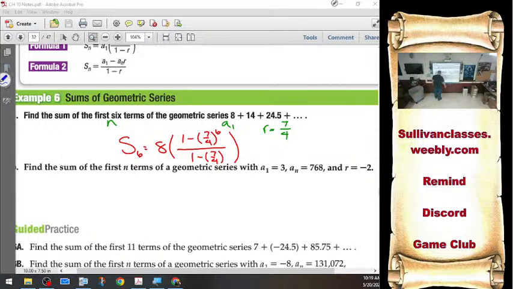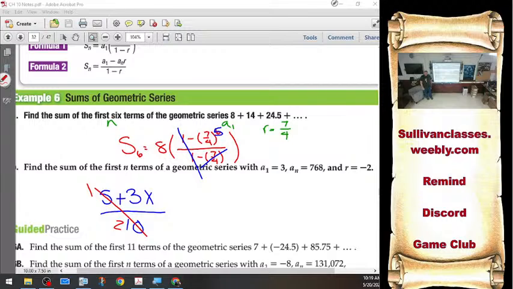If you do this, we got problems. I've seen kids try to do it. If you have 5 plus 3x over 10 and you try to do this, you just killed a mathematical puppy. You should feel terrible about yourself.